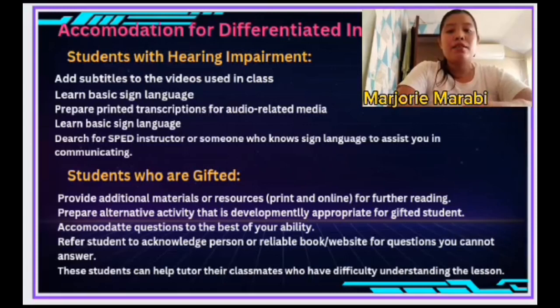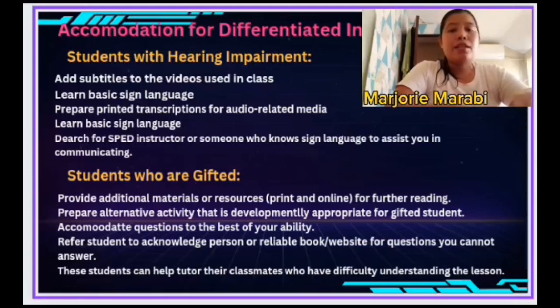So, and the third one is students with hearing impairment. So, add subtitles to the video used in class. So, when you play a video in class, dapat naa jud siya og subtitles ang video so that ang students with hearing impairment kay makasabot japon siya sa content bisag wa siya kayo nakadungog or totally wa jud sila nakadungog kay makasabot gyapon sila through subtitles na gi-provide ni teacher.